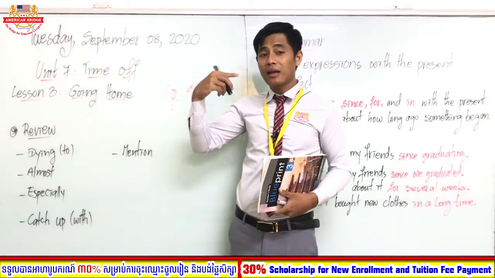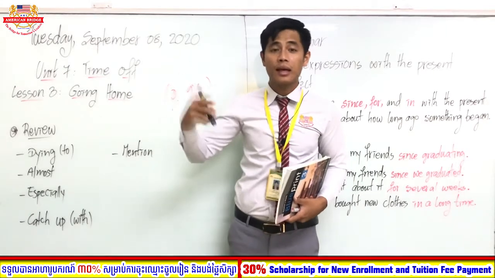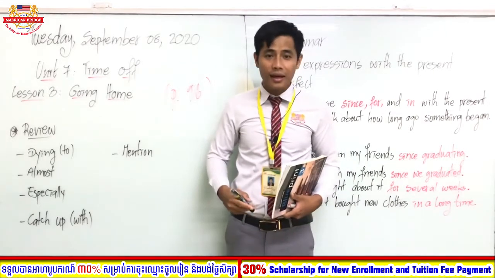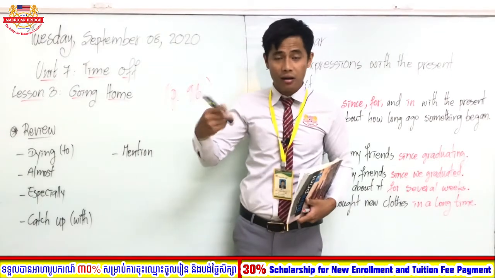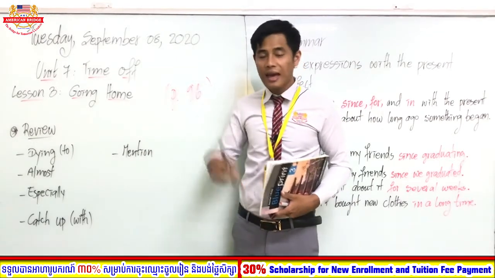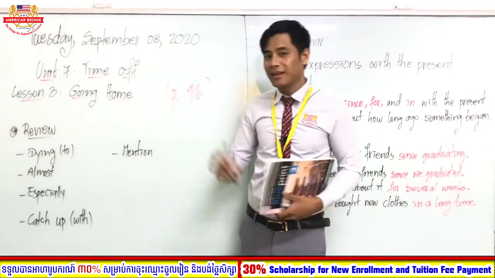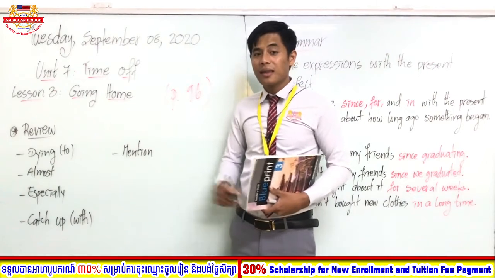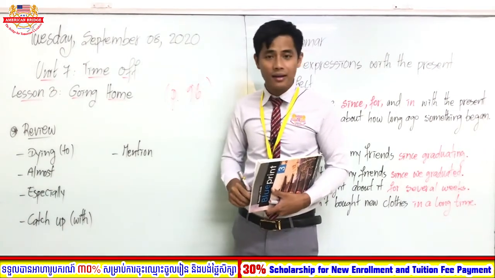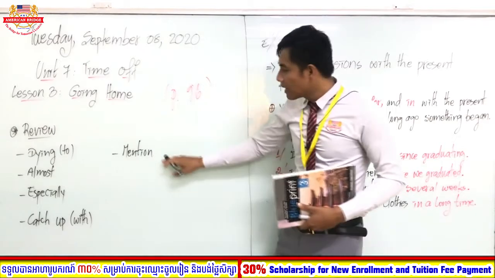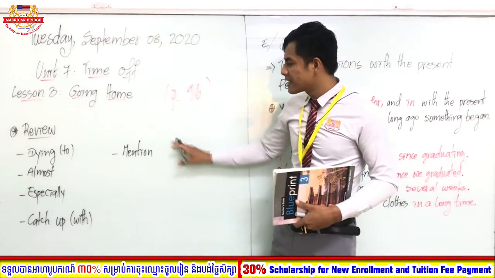Mention means I talk about something, about one topic. That topic that I talk about, we call it mention. I mention that topic. You got it? Mention means we use it to show or talk about something. Good, that's all for this vocabulary.